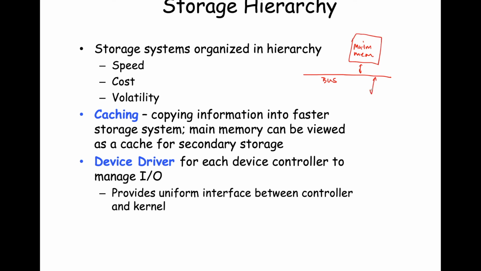We also have our disk, our secondary storage, and this is our hard drive, and it has the platters and all that good stuff. And so you can think of main memory as being a kind of cache for the hard drive.